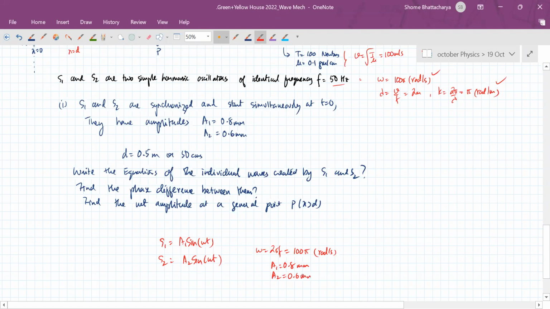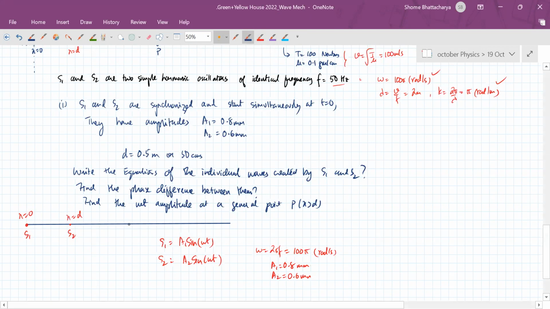Now you can see from the diagram that the sources are at different distances compared to the point P. So what will happen is that this is at x equal to 0 and this is at x equal to d.